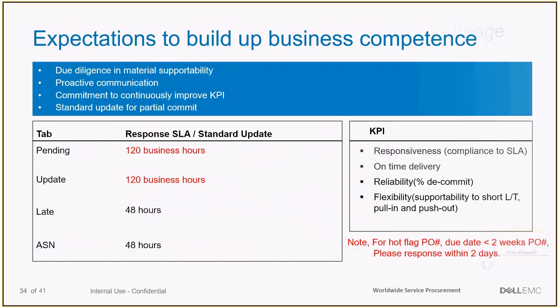And these are expectations. We have a tool, right? And in the industry, actually, we measure responsiveness, on-time delivery, reliability and flexibility. For example, if they give you a request, do you respond on time, right? Or you say, oh, Hester, I'm on travel, so I cannot respond within 1 week.